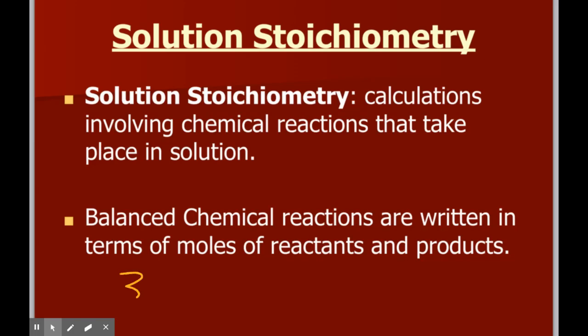So this reaction means 3 moles of sulfur added to 2 moles of iron gives us 1 mole of iron(III) sulfide.